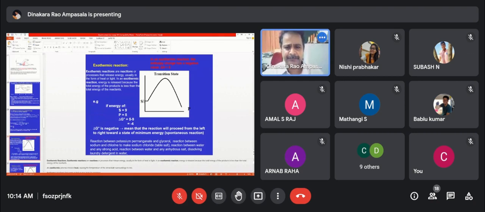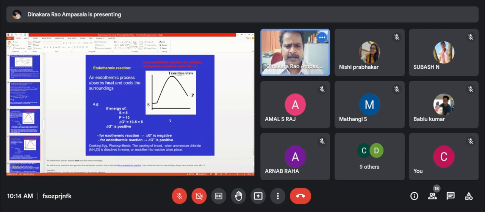And there are endothermic reactions, where energy is required to process the reaction. Like in biological reactions, the cleavage of ATP molecule, ADP to inorganic phosphate, releases energy, and that energy will be utilized in other reactions.